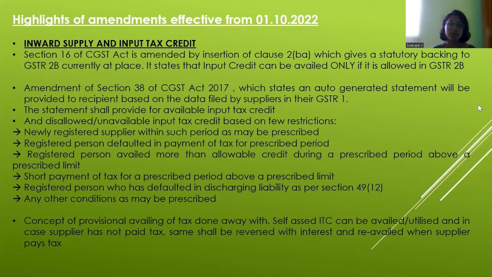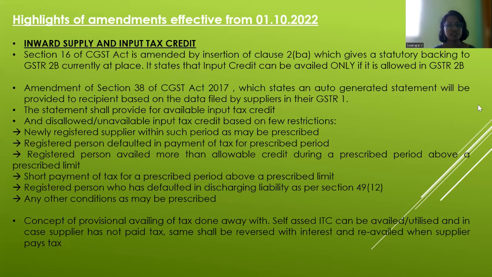In case of short payment of tax for a prescribed period above a prescribed limit, the ITC of that supplier cannot be availed by the recipient. A registered person who has defaulted in discharge of liability as per Section 49(12). Section 49(12) is the minimum amount of liability that has to be paid by cash. Any other conditions as may be prescribed by the government.